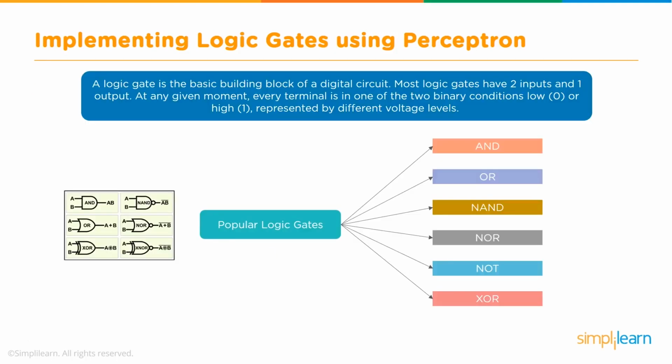They were able to implement some of the most common logical gates, which could take two inputs like A and B and then give a corresponding result. For example, in case of an AND gate, A and B, the output is AB. In case of an OR gate, it is A plus B, and so on and so forth. And they were able to do this using a single layer perceptron.